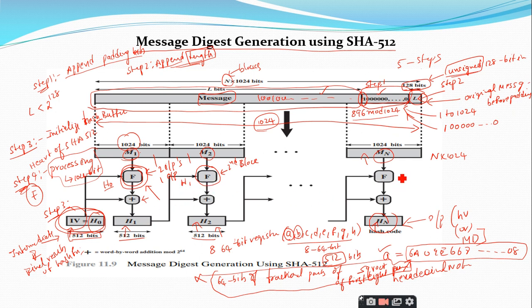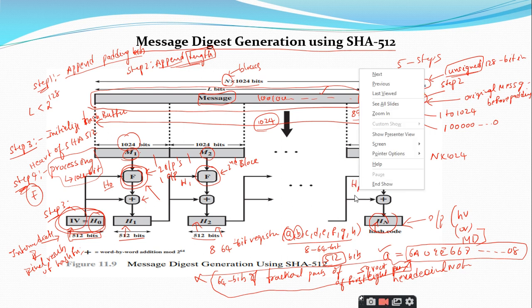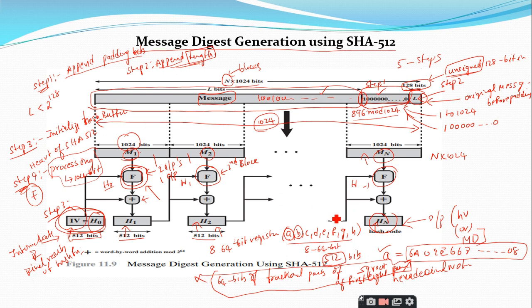Similarly, for the last function, the input is the nth block and the hash value from n minus 1. This point we have to understand.